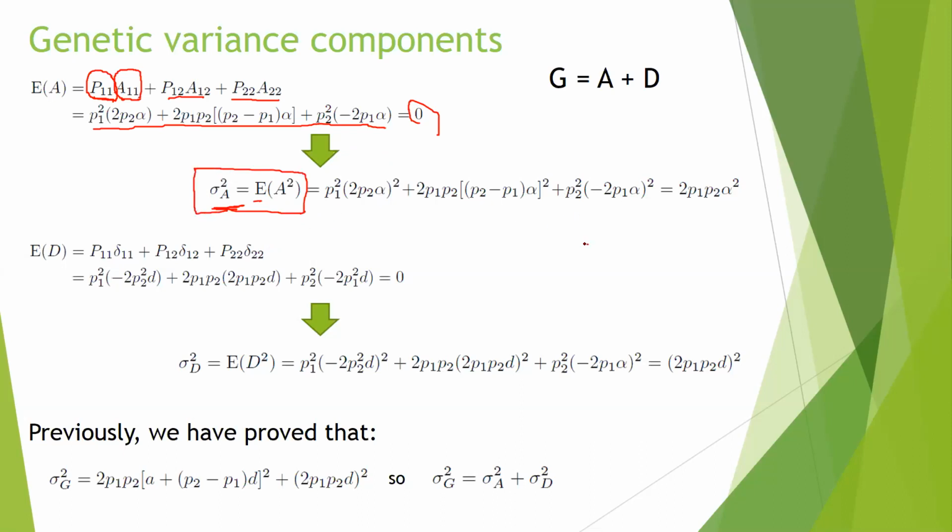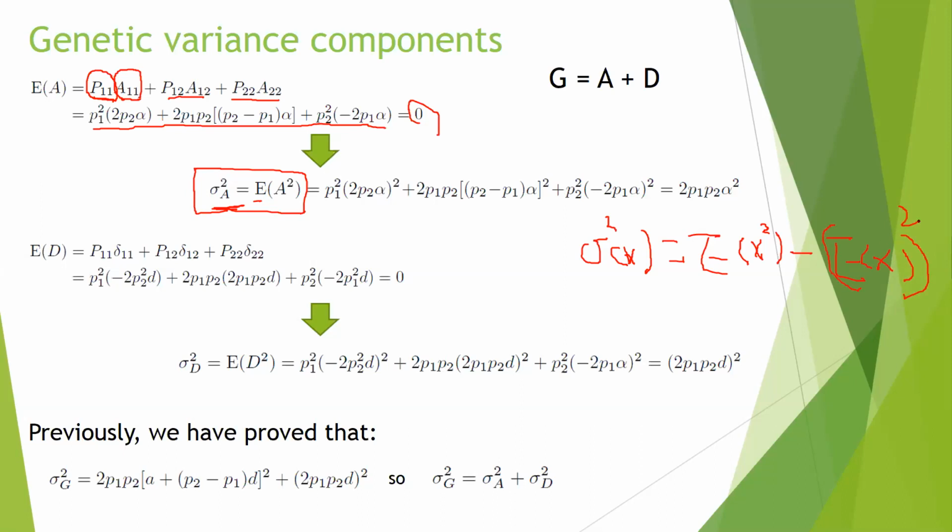When we calculate the variance of X, it equals the expectation of X squared minus the square of the expectation.